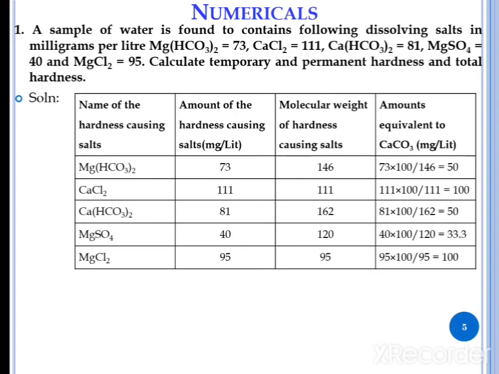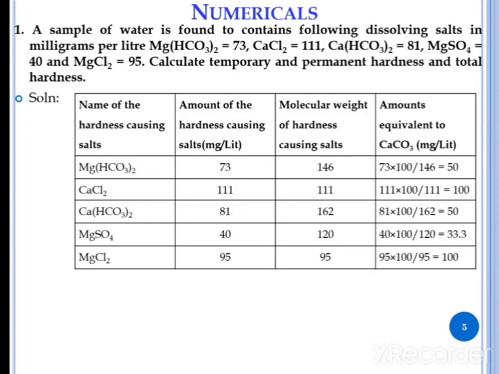So how do you calculate it? Let us see one of them: magnesium bicarbonate, given is 73. So we calculate 73 into 100, that is the molecular weight of calcium carbonate, divided by 146, that is the molecular weight of magnesium bicarbonate.